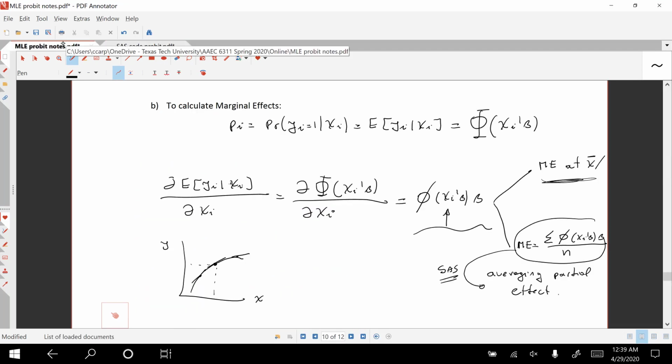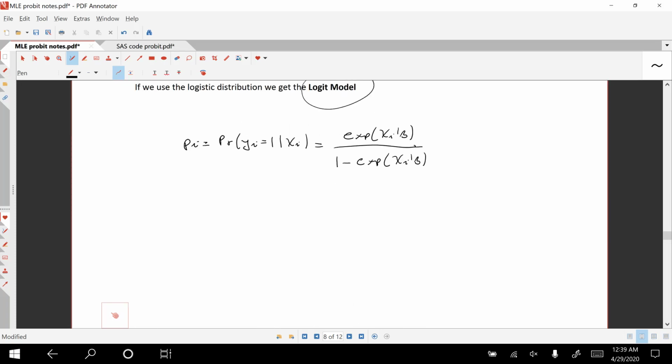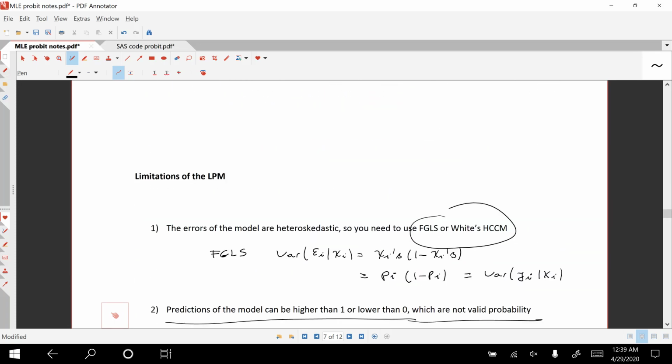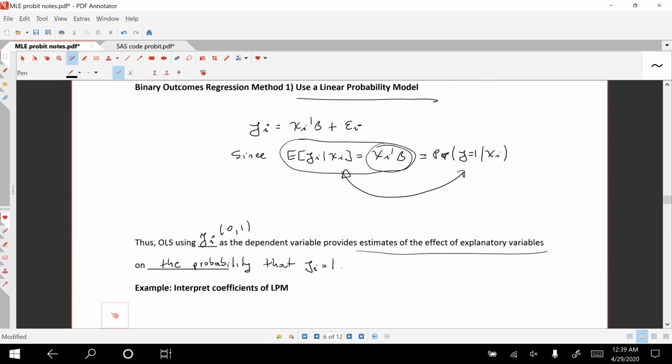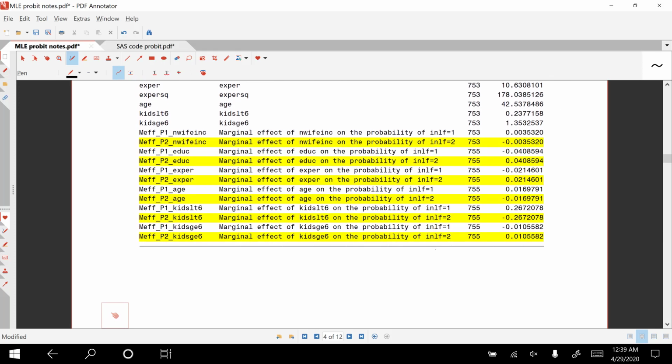So it is the average of, in this case, we have 753 observations, so it's going to be the average of 753 marginal effects. So here, remember, I was telling you that this is a little bit confusing because of the way that SAS does it.